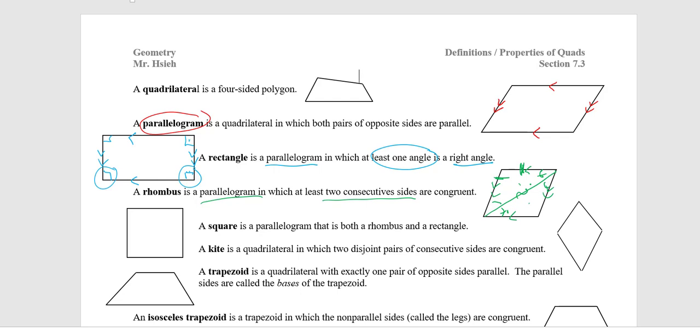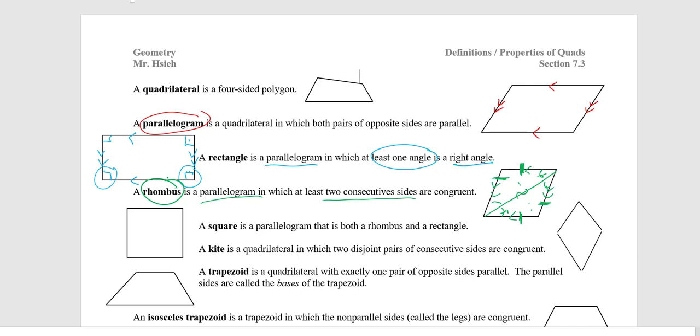And you've got a reflexive side down the middle, which means that these two triangles are congruent, which means that the top and bottom are congruent to each other, and the two sides are congruent to each other, which means that all four sides are actually congruent to each other in a rhombus.